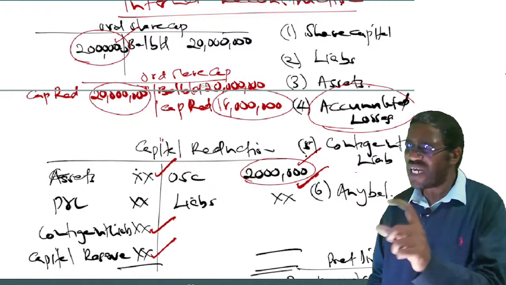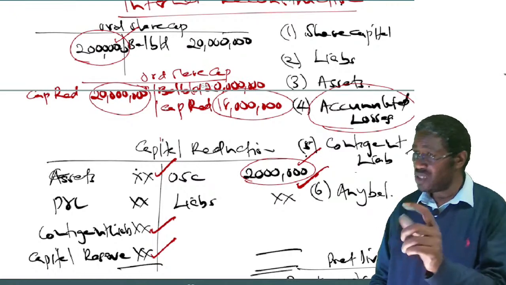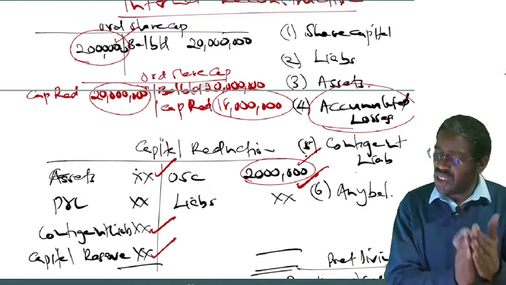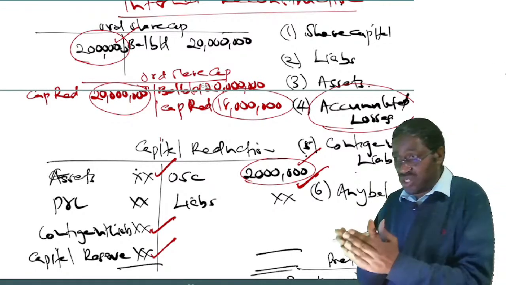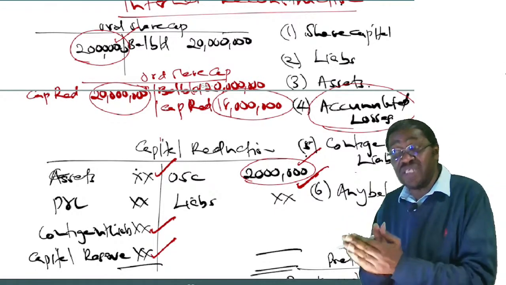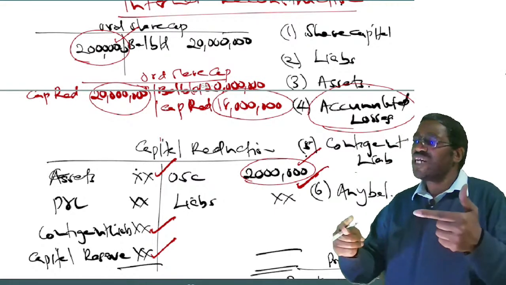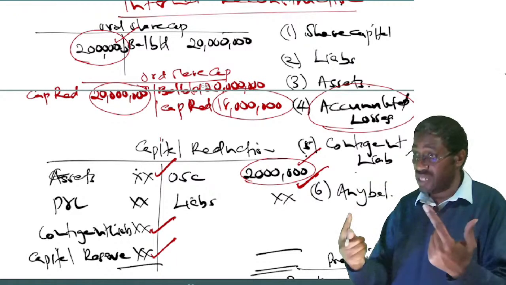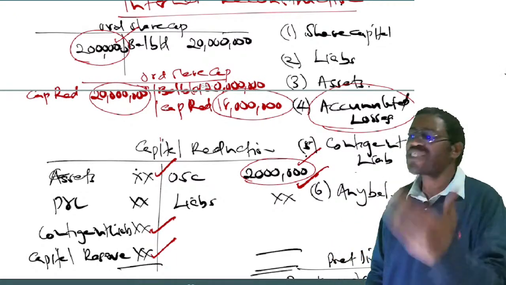Which automatically means that before reconstruction, we did not have a liability in the books. After reconstruction, we shall now have a liability in the books as a company. It means, therefore, that our liabilities are increasing as a company after reconstruction. Obvious, that's a loss to the company.